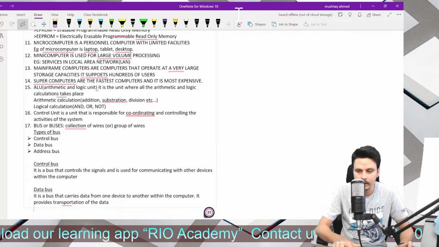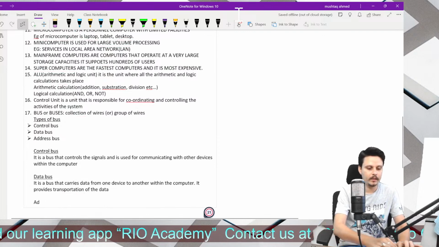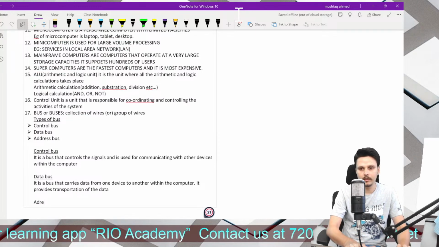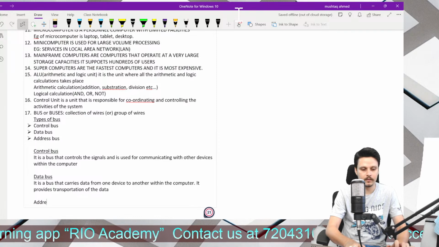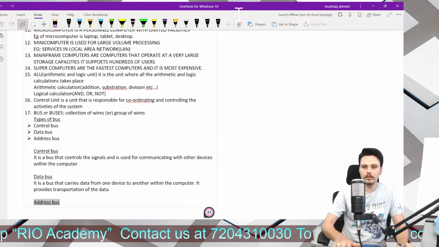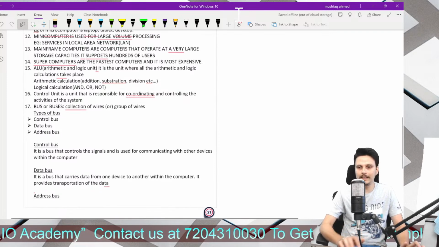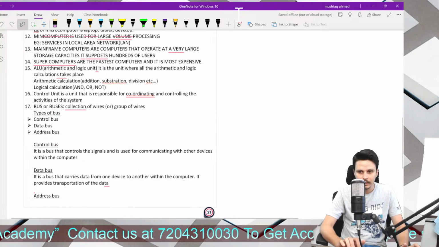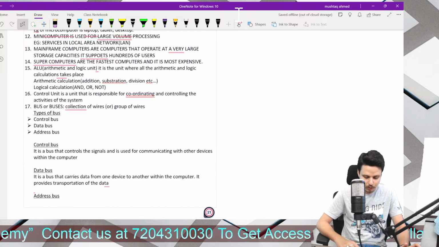Next is the address bus. Address bus. It is a bus that carries the address of the location.